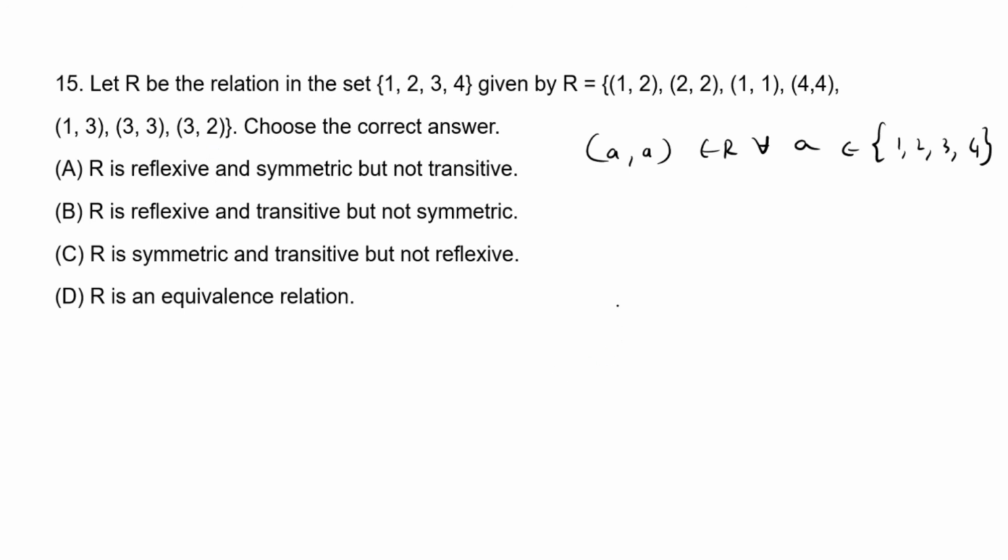So R is not symmetric. So R is reflexive, not symmetric, but R is transitive. So the correct option is R is reflexive and transitive, but it is not symmetric.